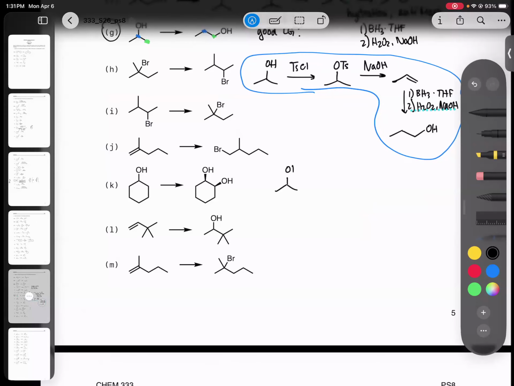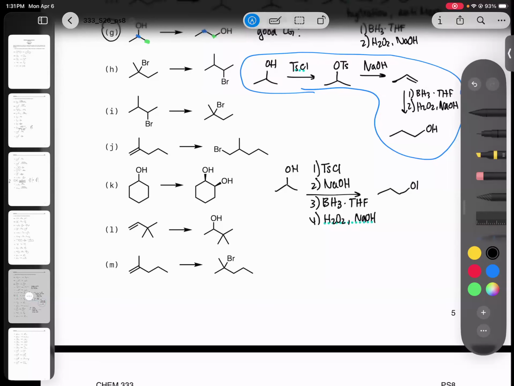Or we can do the abbreviated version, in which case, first step, tosyl chloride, second step, sodium hydroxide. Doesn't really matter where the arrow ends up going. Third step, BH3 THF, and then 4 is this.